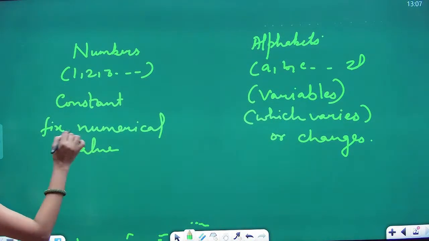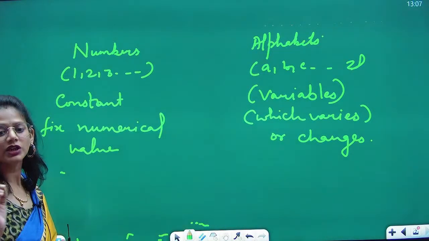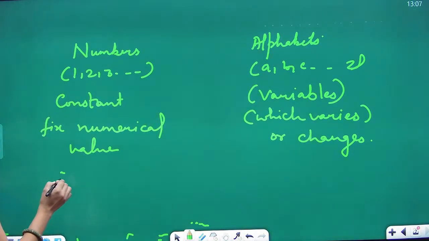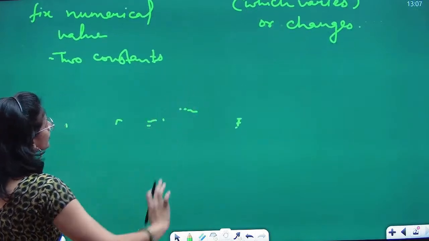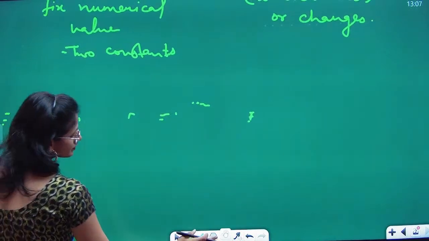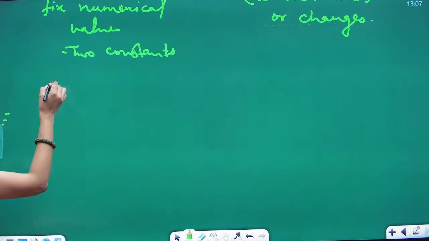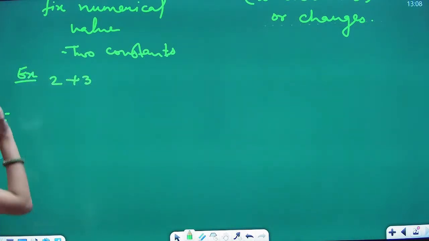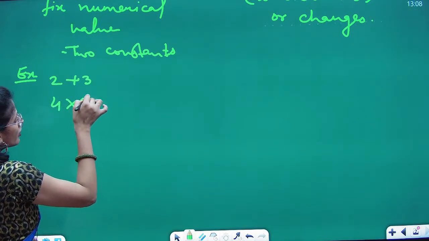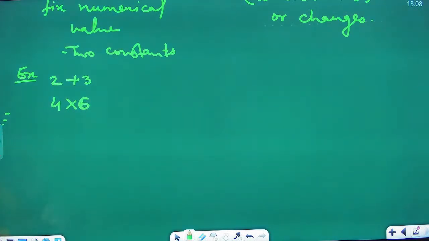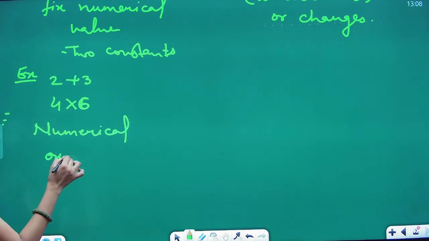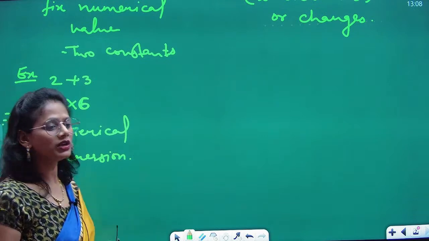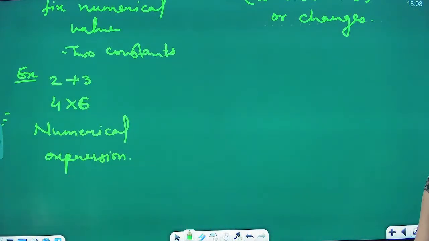When we join two constants with a mathematical or arithmetical operation, for example 2 plus 3, or 4 multiply 5, here 2 is a constant, 3 is a constant, and plus is a mathematical operation. This is called a numerical expression.